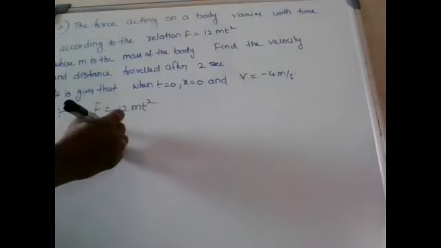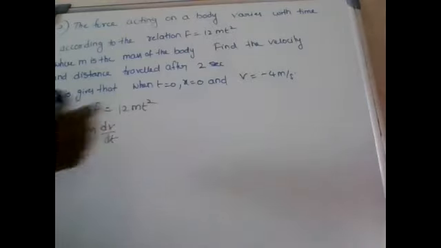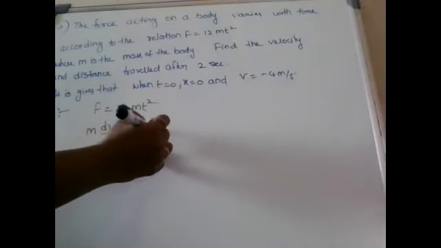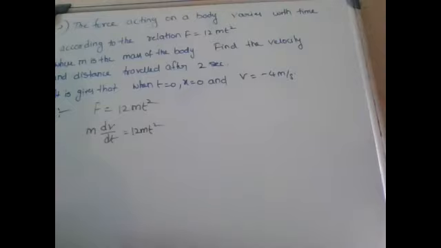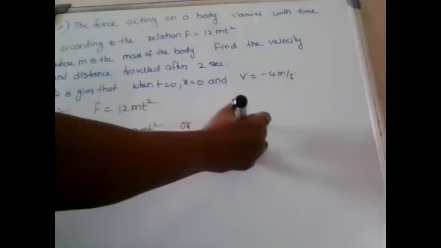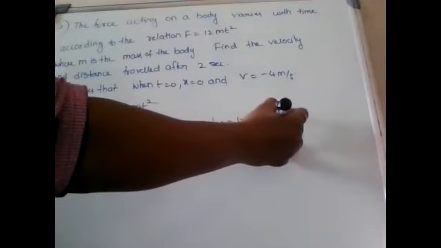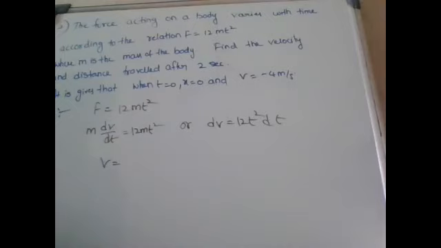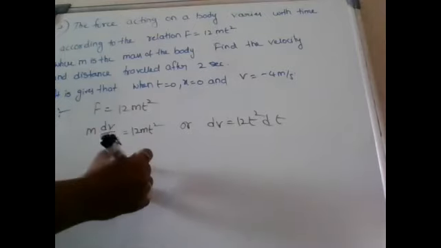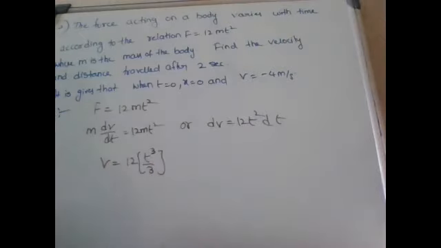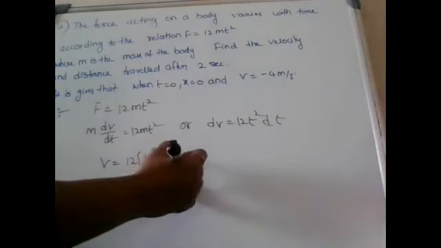So m into dv by dt equal to 12 m into t square, or from this dv equal to 12 t square into dt. So v equal to 12 into t cube by 3 plus c1.